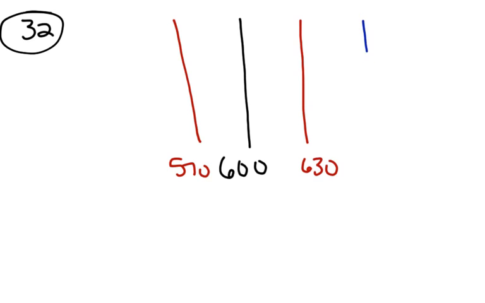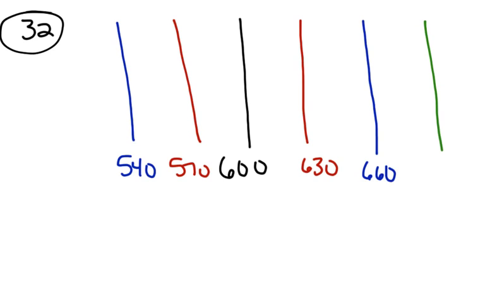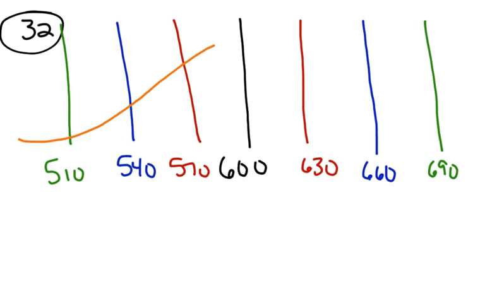A second standard deviation to the left and right is going to be at 660 and 540. And a third standard deviation to the left and right is going to be at 690 and 510.